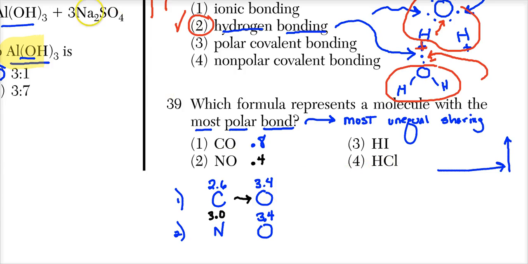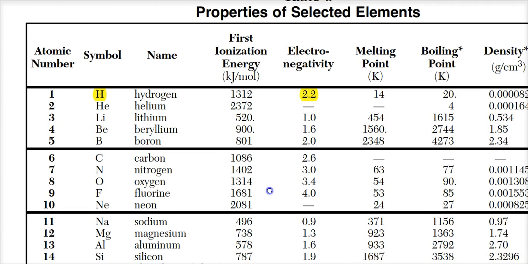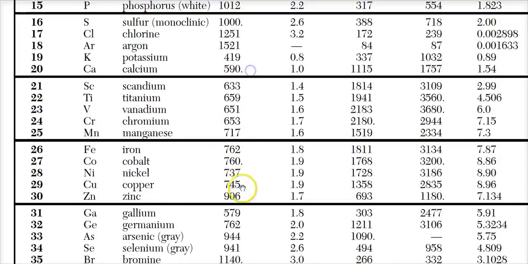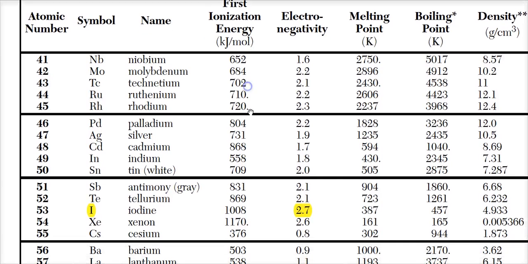So choice 3, we have H and I. Let's go find H, and let's go find iodine's electronegativity. Back to Table S. So hydrogen has 2.2 electronegativity, and as we go find iodine, iodine has a 2.7.